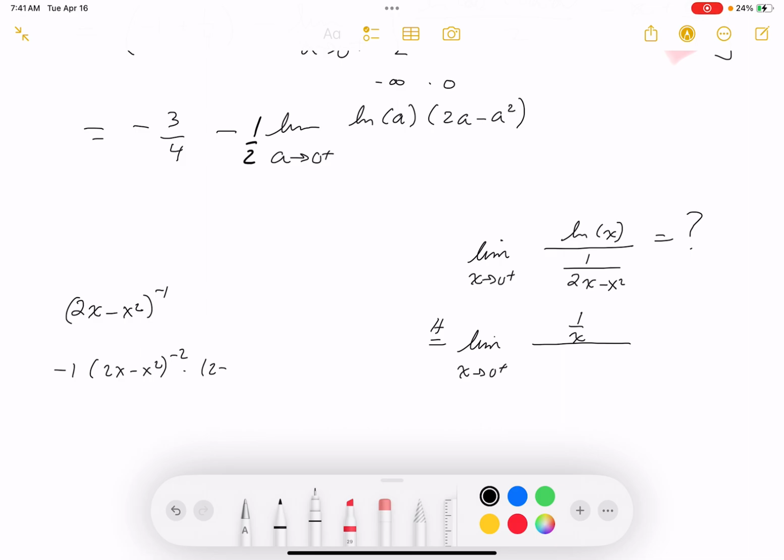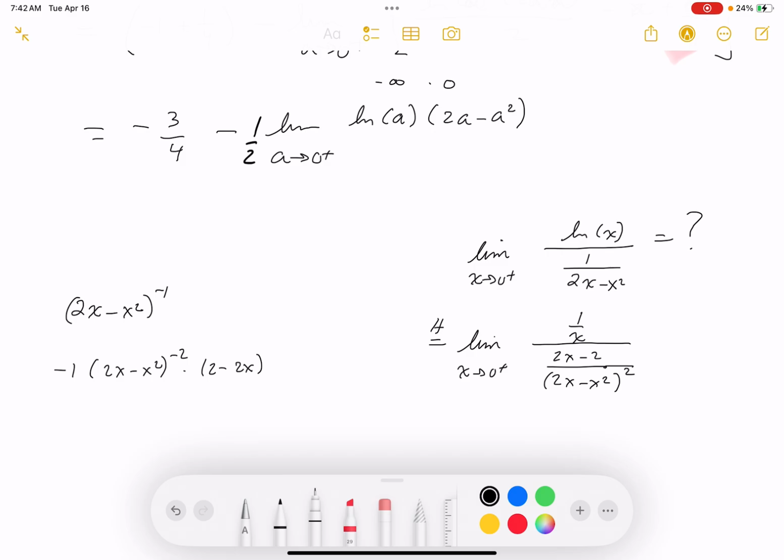All right, so let me write that down for you. You're going to get minus 1, and I think I'd write it down as 2x minus 2 over, and that bottom is going to be 2x minus x squared.